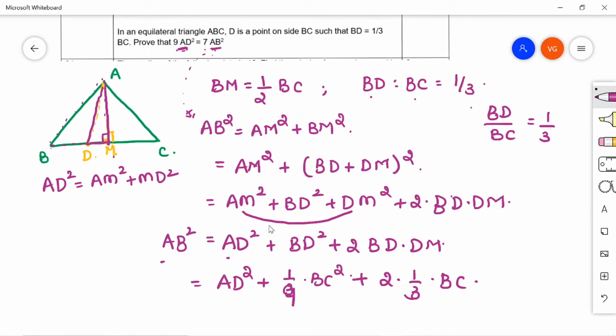See, where is DM? This is DM. DM is nothing but BM minus BD, right? So that I am writing as BM minus BD.